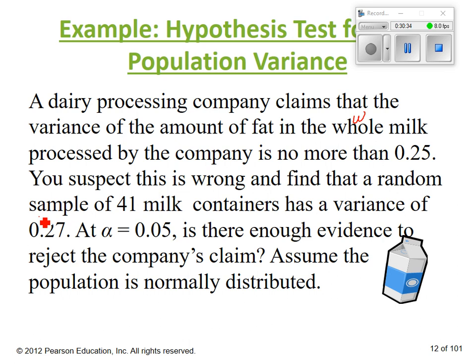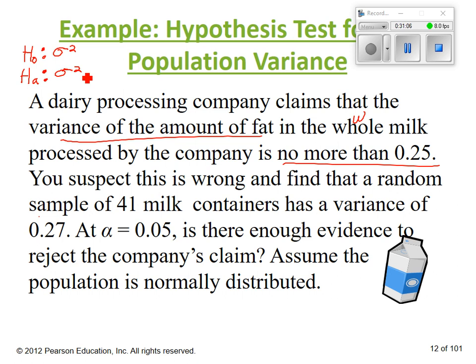First thing we're going to do on this, and I'm going to try to fit it in right here, we're going to find our HO and our HA. So this time the company's claim is that the variance of the fat processed by this company is no more than 0.25. So it's variance, so it's going to be sigma squared.